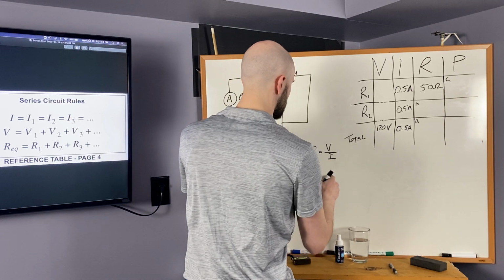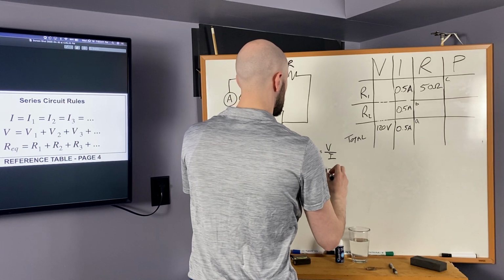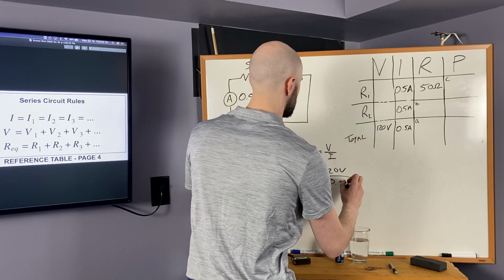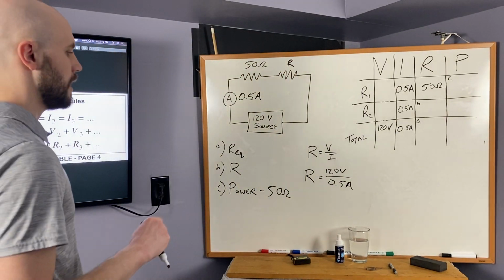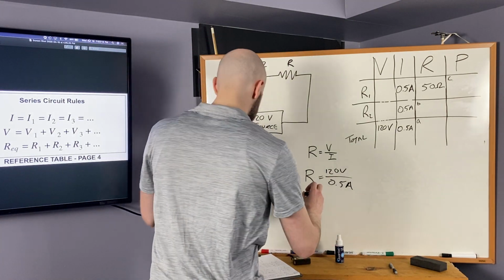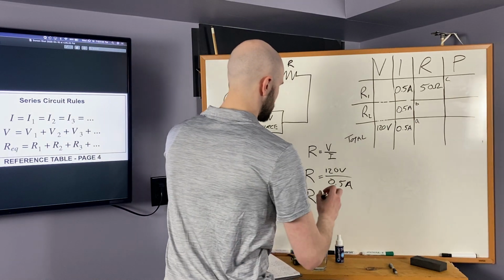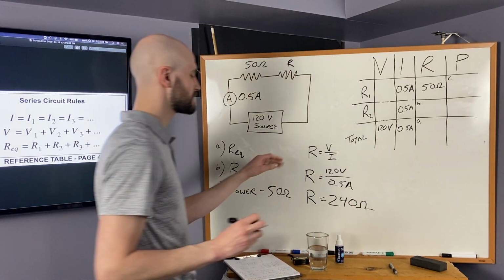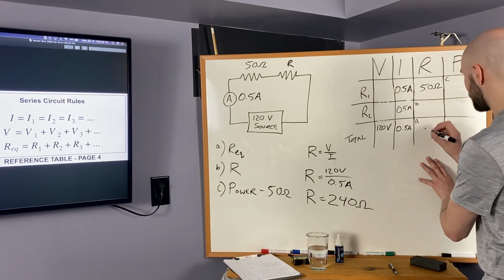R is equal to, looking across this row, 120 volts, the total voltage. Total current is ½ amp. Well, 120 divided by a half, R is equal to 240 ohms. And that's the total resistance of the circuit using Ohm's law.